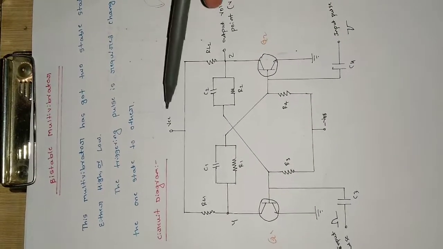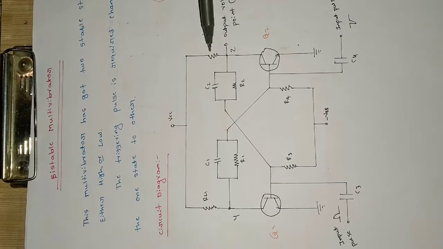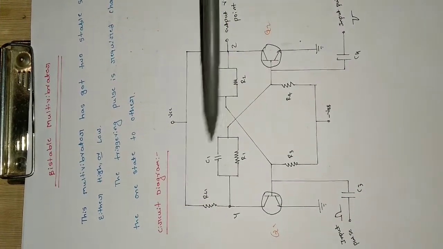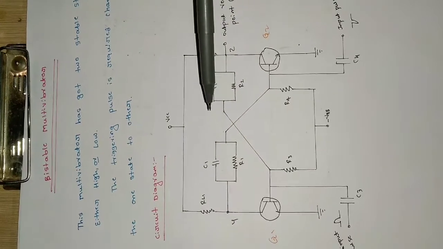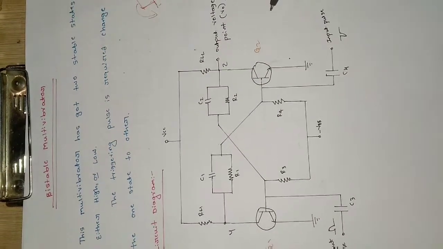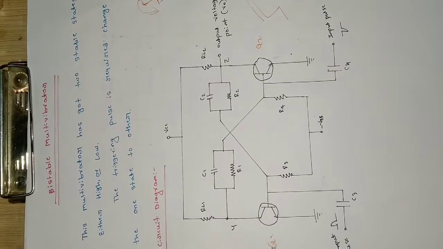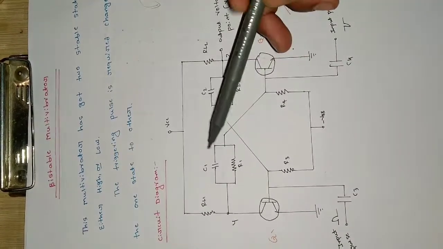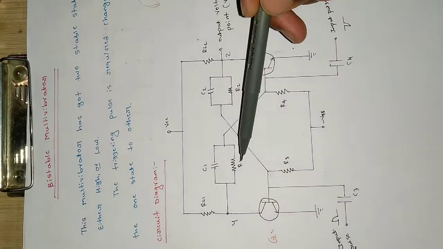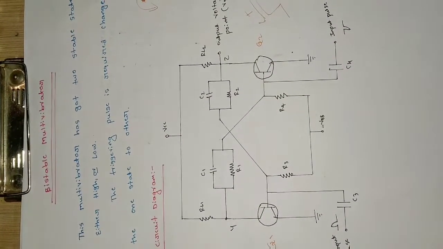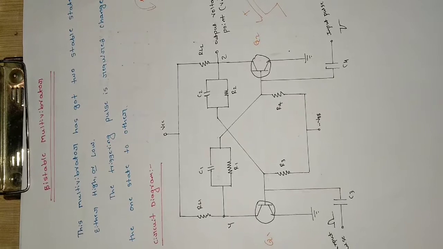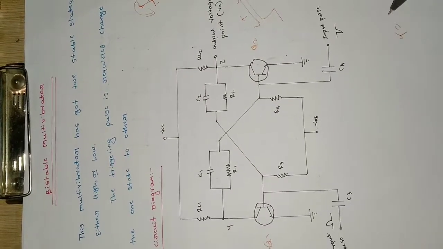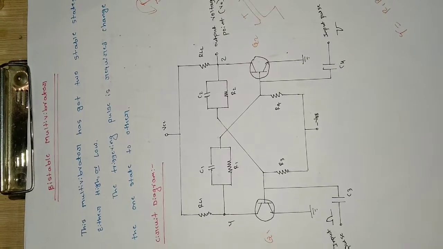Here is the VCC, then this is the collector resistance for transistor Q2 and this is for transistor Q1, and this is the circuit which will maintain the time period. The time period will be decided by these two components. The capacitor and resistor form the time constant tau, which is the multiplication of R1 and C1.